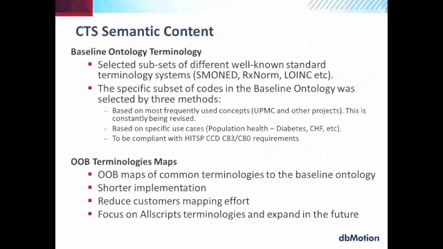So when we talk about our baselines, I'm referring specifically to the baselines that exist inside of DB Motion. When I say the word baseline, a lot of people will translate that to those standard terminologies, like ICD-9. However, if it's not part of our ontology, we don't consider that a baseline. So when we say baseline, we're talking about the subset of those well-known standards that exist inside of DB Motion.